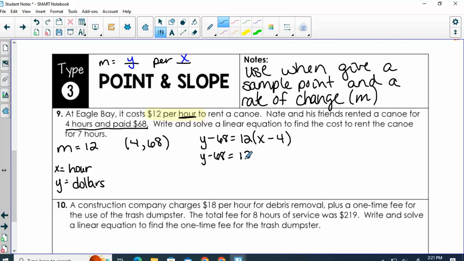So if we distribute the 12, add over the 68, then y is 12x plus 20.